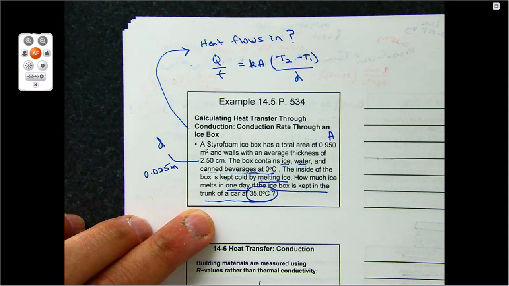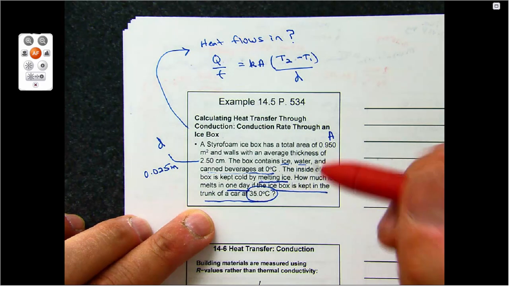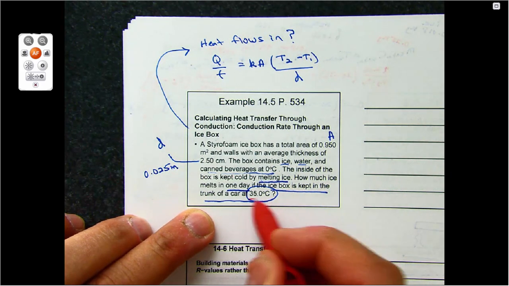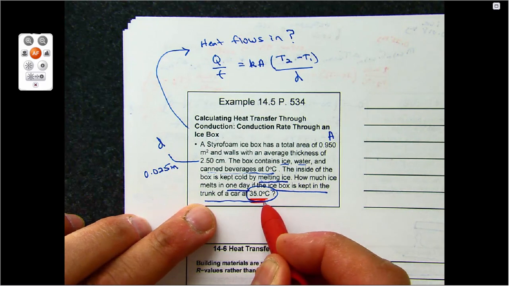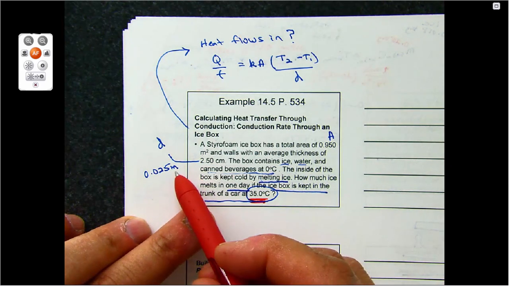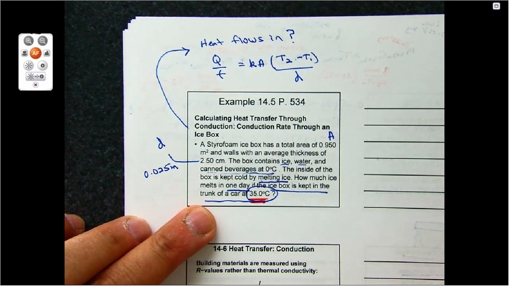Into the box, kept at 0, how much ice melts. So this is going to end up being 35 degrees. We change it to meters.